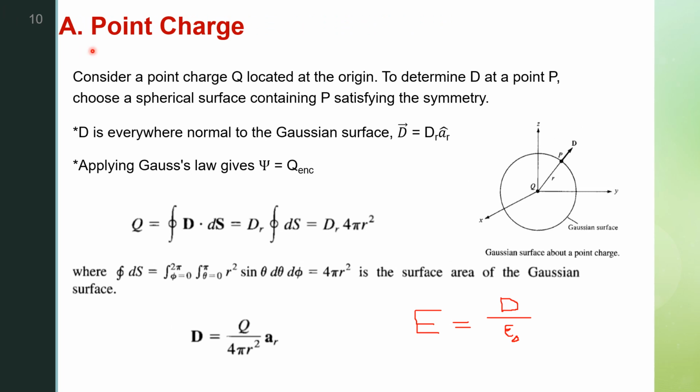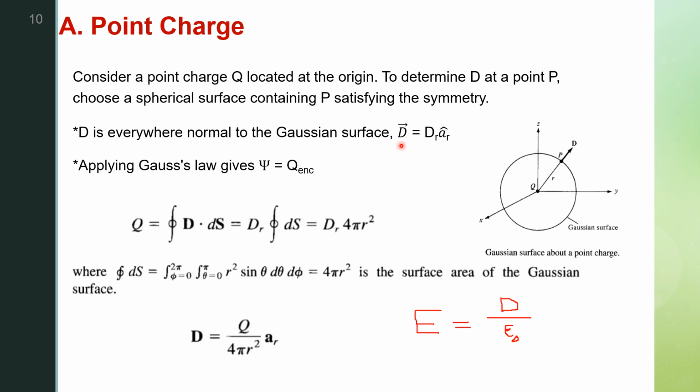Applying Gauss's law to a point charge. Consider a point charge Q located at the origin. To determine the electric flux density at a point P, choose a spherical surface containing P satisfying the symmetry. Here a spherical surface centered at the origin is the Gaussian surface, and D is normal to the Gaussian surface.